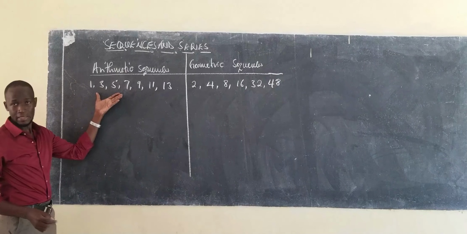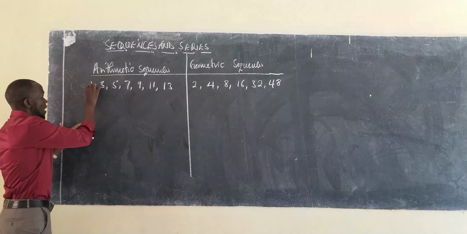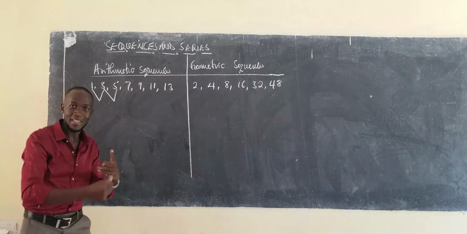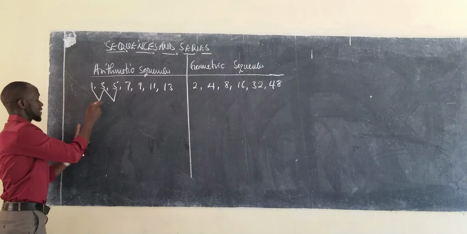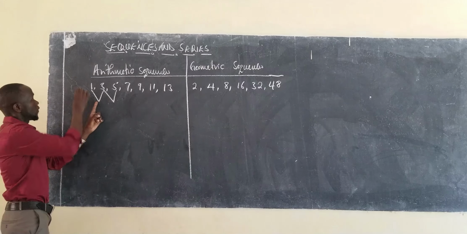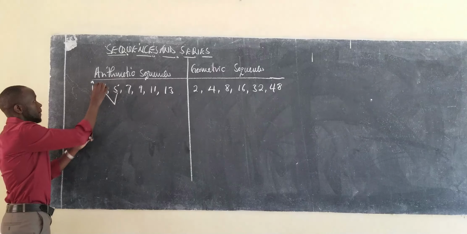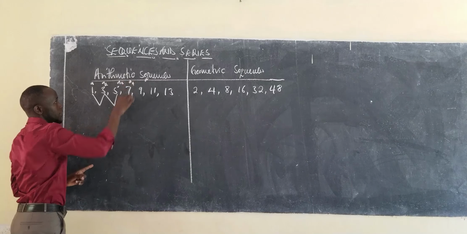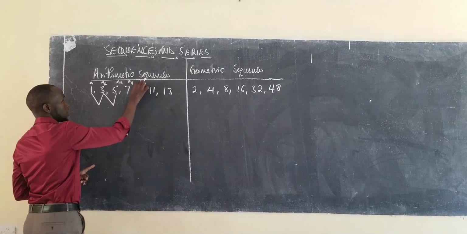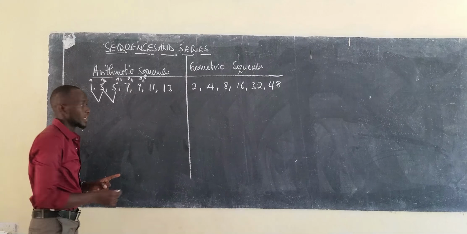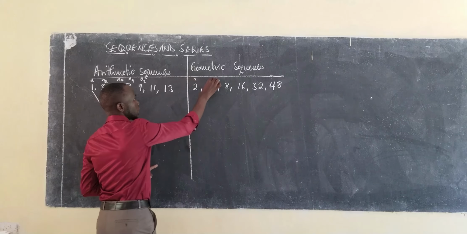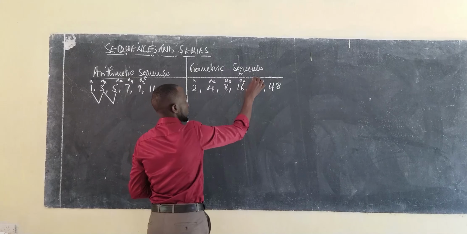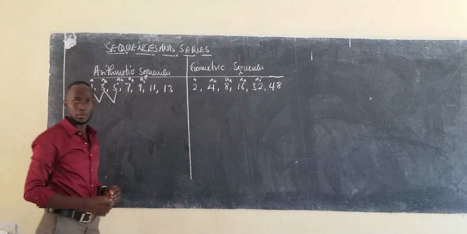When you look at these, can you tell the next number in the sequence? If this is the first term, this is the second term, the third term, the fourth term, then the fifth term, and so on.